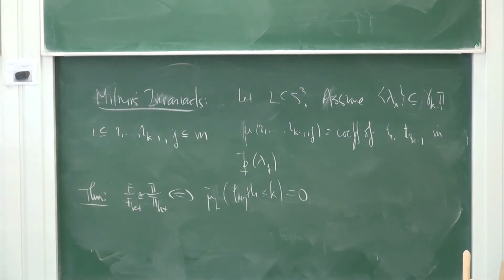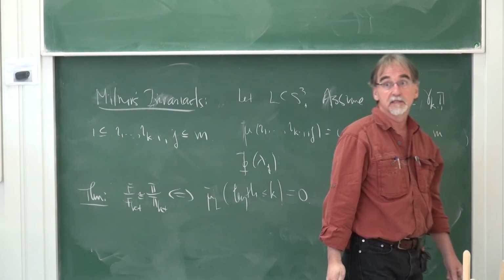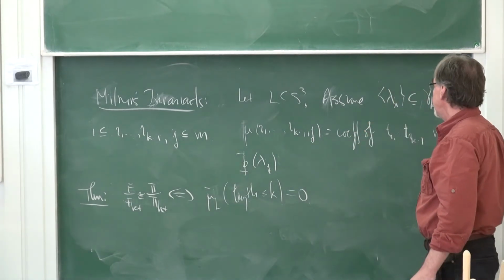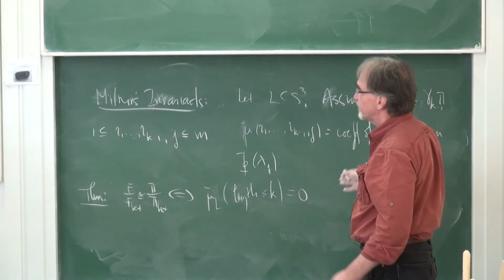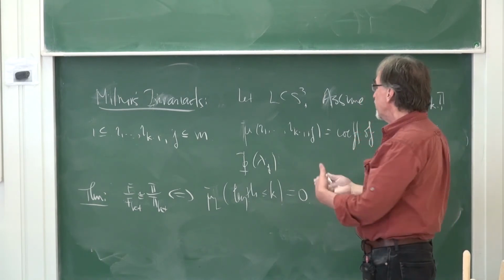Now Milnor couldn't prove a lot about these things. He proved that they were invariants. He looked at higher order terms, and there was some indeterminacy, and he calculated a little bit about this indeterminacy and some relations.